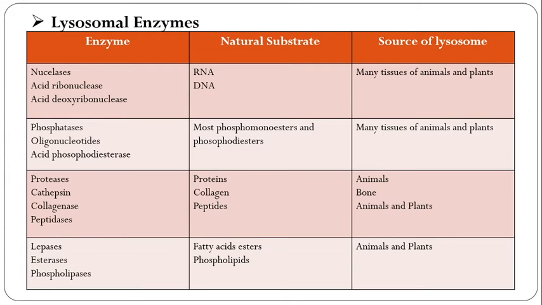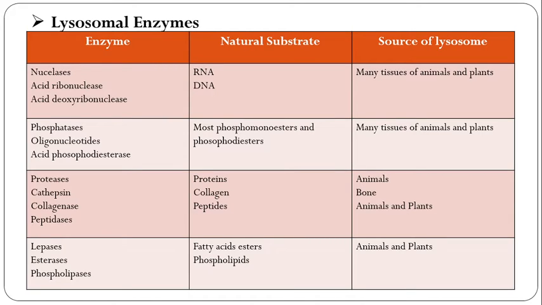The first enzyme is nuclease. Here the natural substrate is RNA, and the source of lysosomes is many tissues of animal and plant cells. Then acid ribonuclease, or acid deoxyribonuclease, whose natural substrate is DNA, also from many tissues of animal and plant cells.